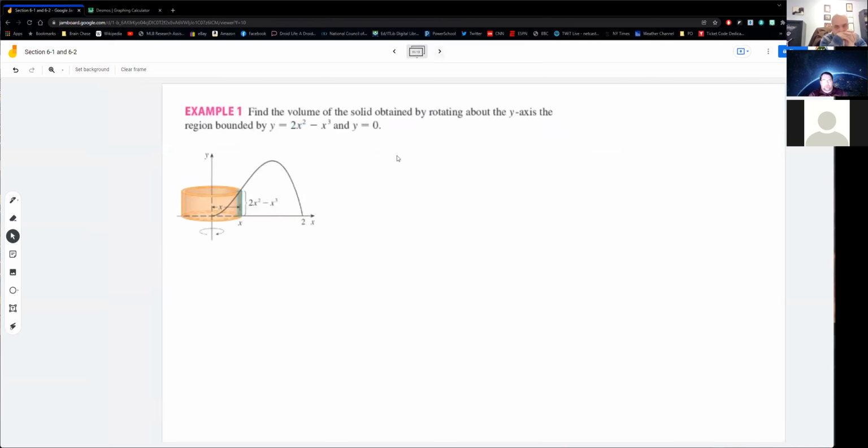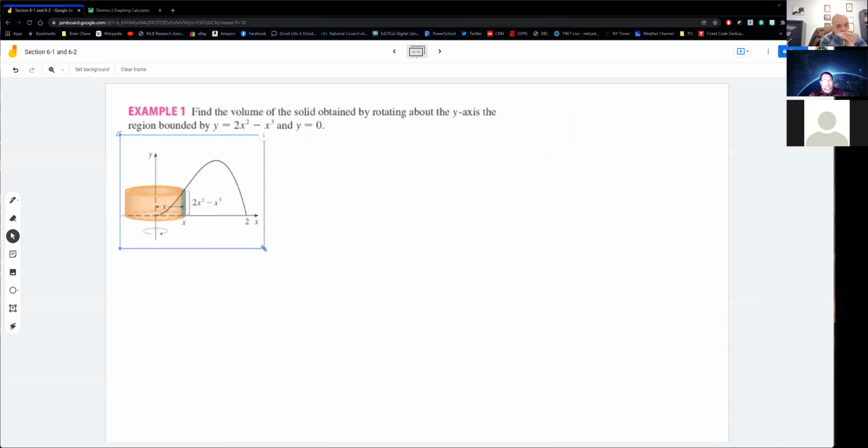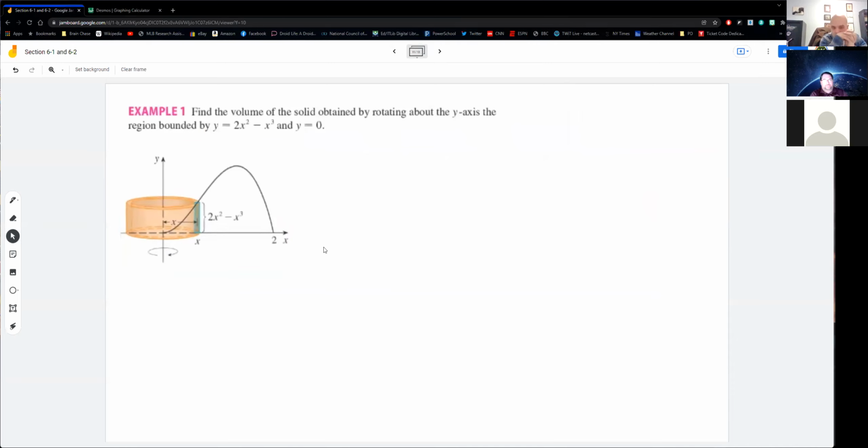All right, let's do one. We've got this problem. We want to have this shape rotated around the y-axis. So I've got y equals 2x squared minus x to the third, and we're rotating around the y-axis, and in terms of my bounds, it's 0 to 2.